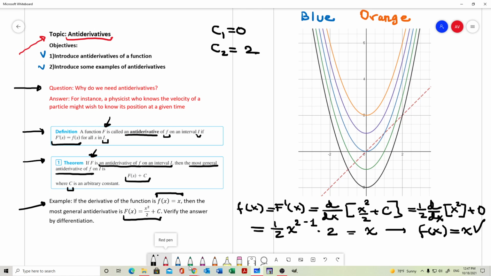When constant C, let's say C sub 3, equals minus 2, you can see it from the graph, you have a black parabola.